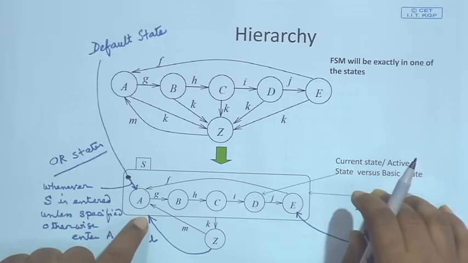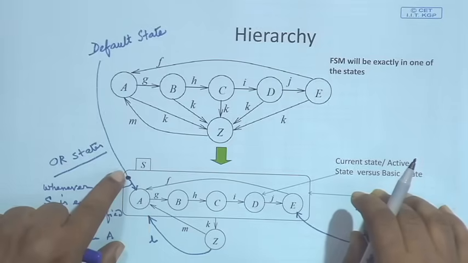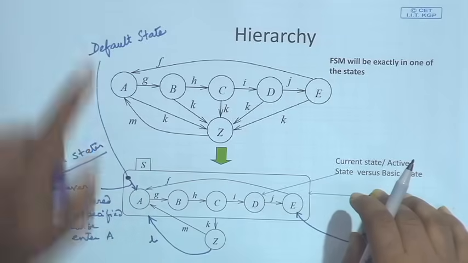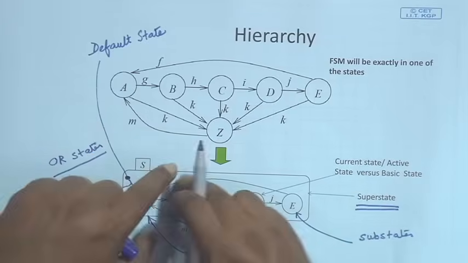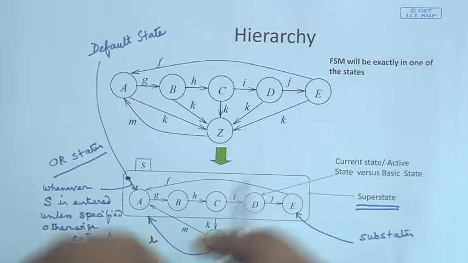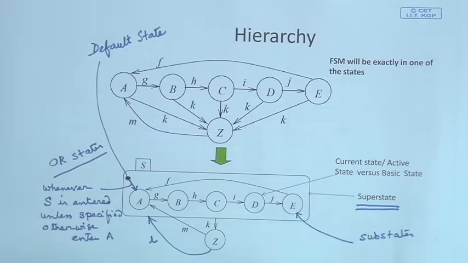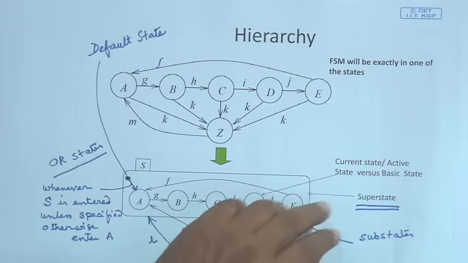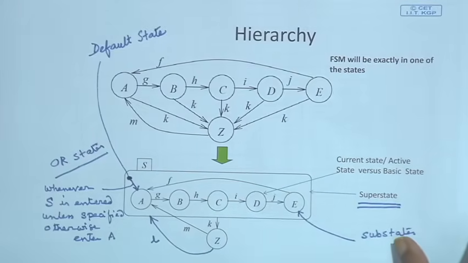The responsibility of specifying the entry within S is up to the person who is designing this part. So, thereby we can modularize the tasks also. Now, we come to another point, that is a history mechanism.